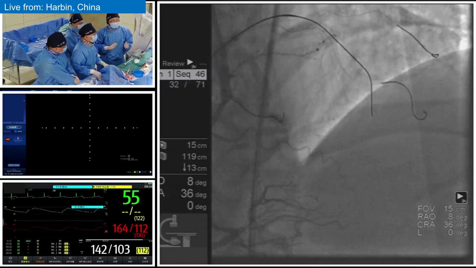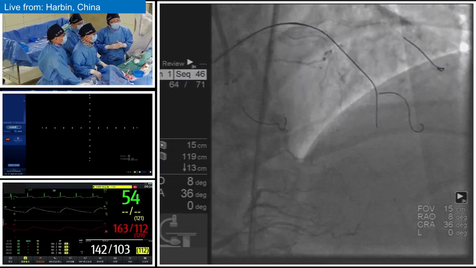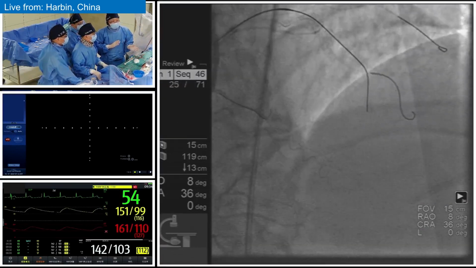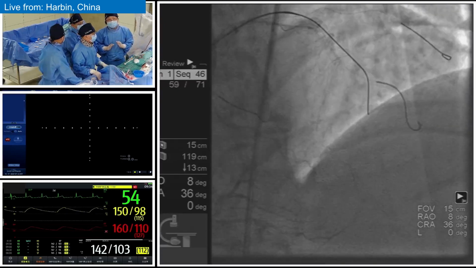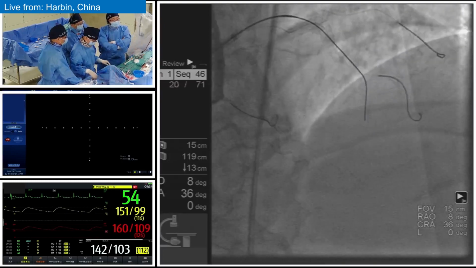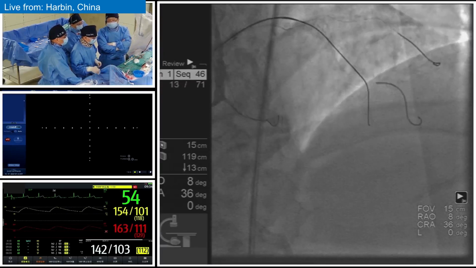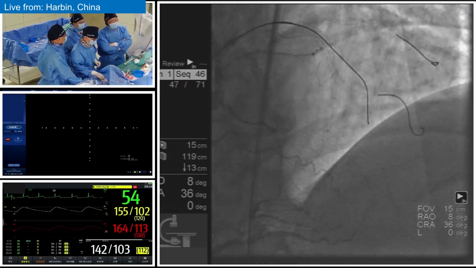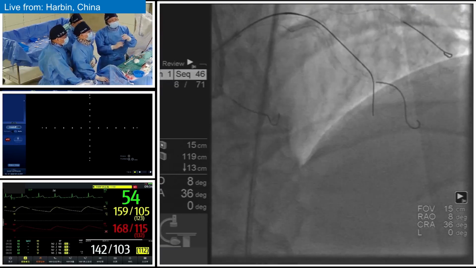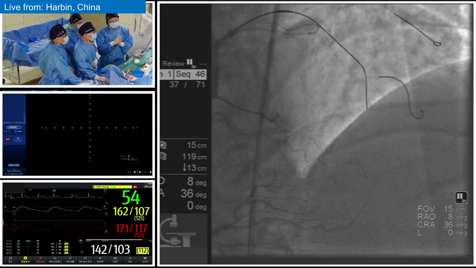At present, I think we already tried the ADR technique, but there should already be some hematoma formation and the distal vessel is a little bit collapsed.